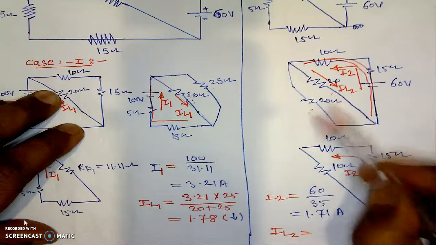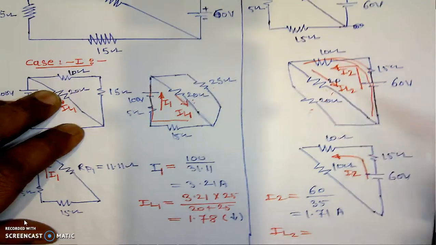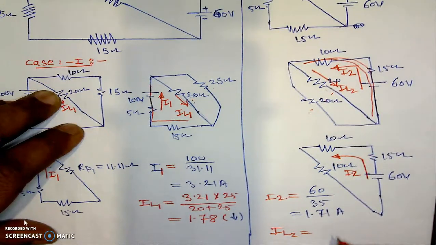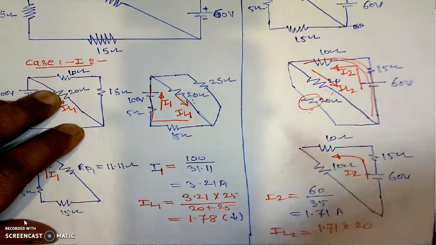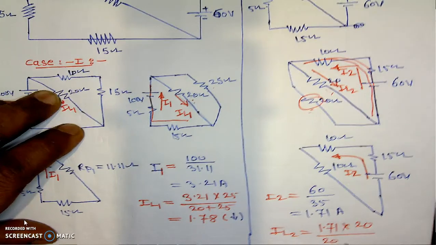These are the two parallel branches. We are interested to calculate the current in this 20 ohm resistance. That's why the equation will be total current 1.71 into the resistance of the opposite branch, that is this 20, divided by the resistance of both branches, that is 20 plus 20.